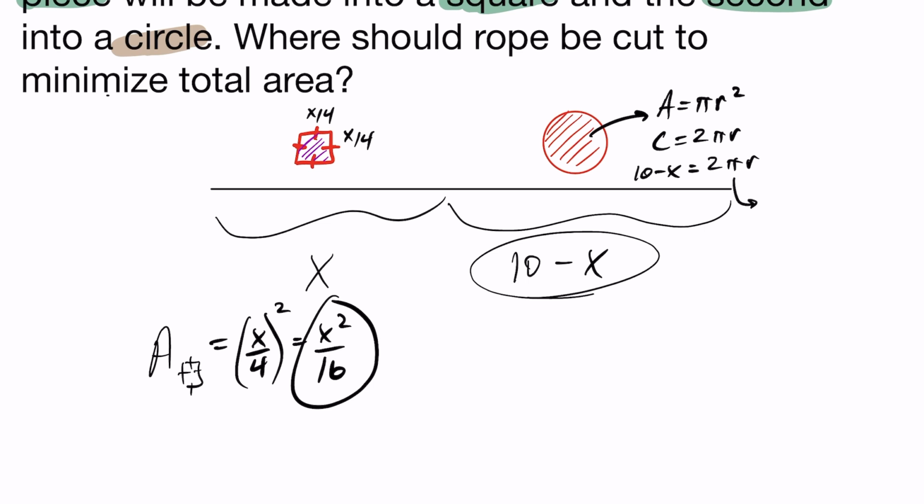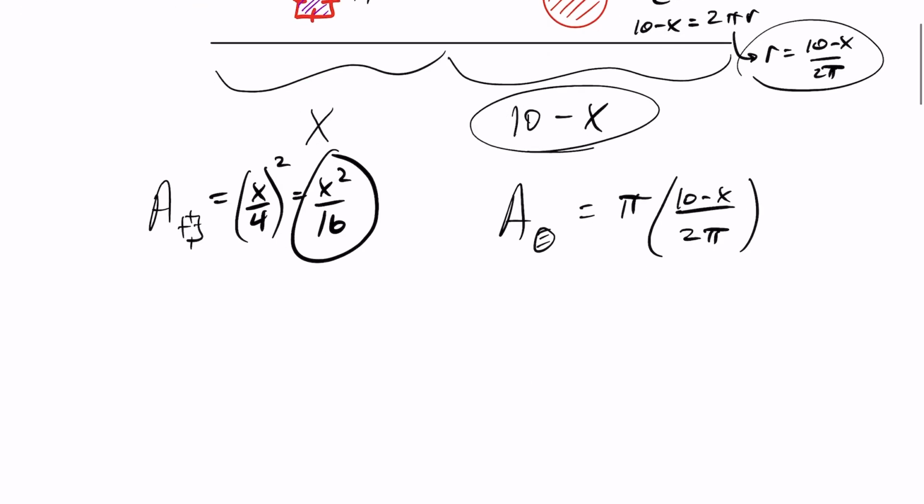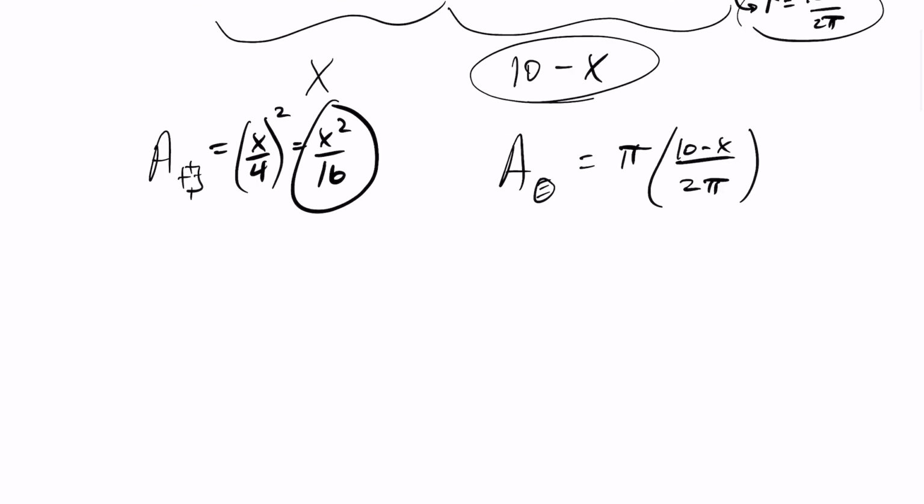That'll imply that the radius of the circle is 10 minus x over 2 pi. That becomes the radius of my circle. So the area of my circle is going to be pi times my radius, 10 minus x over 2 pi, squared. So now I have a representation for the area of my square and area of my circle.